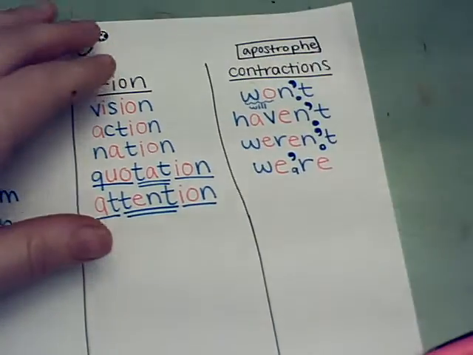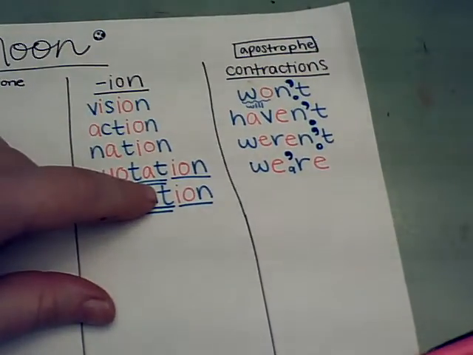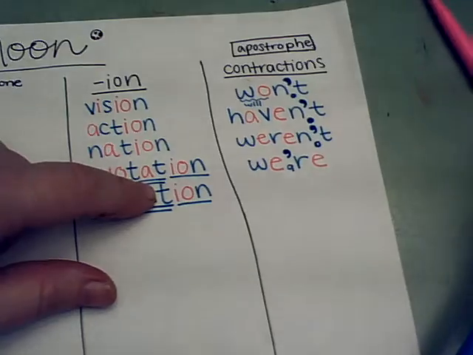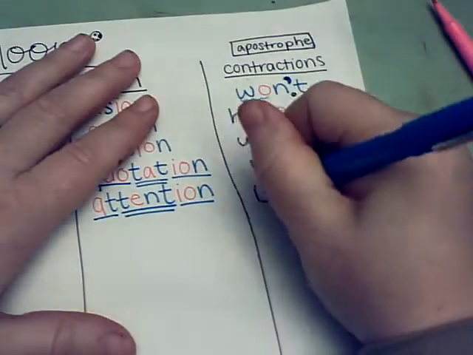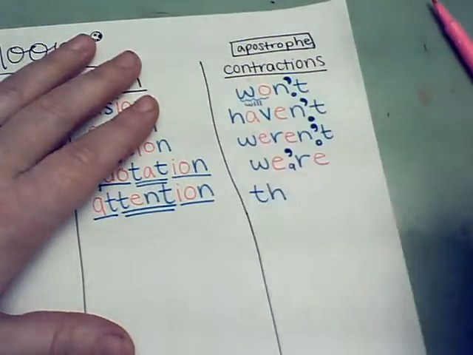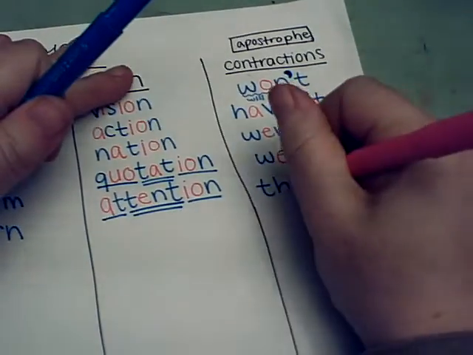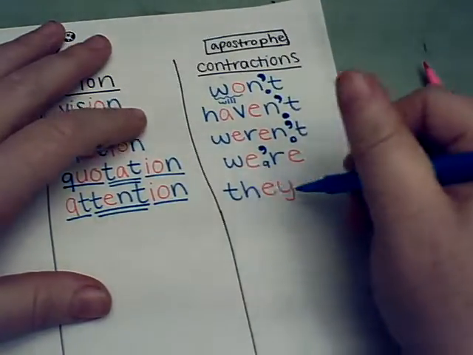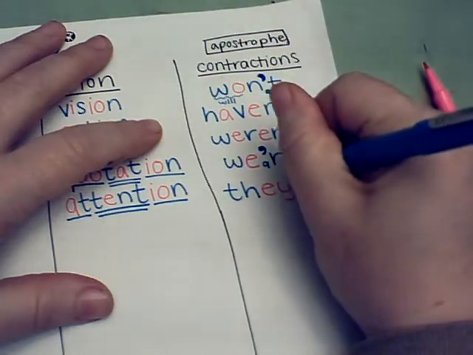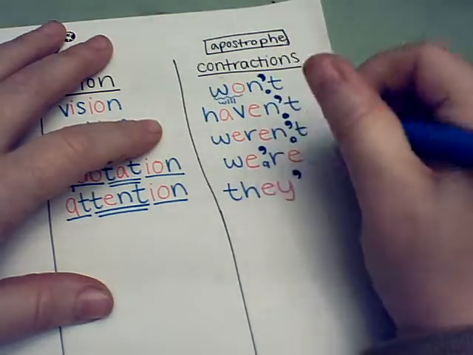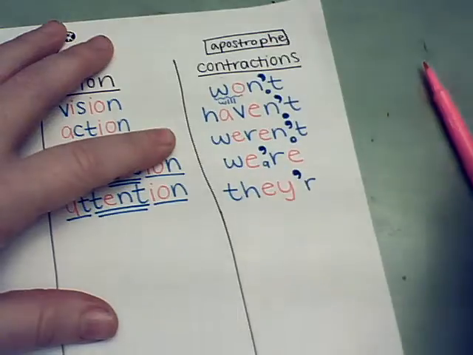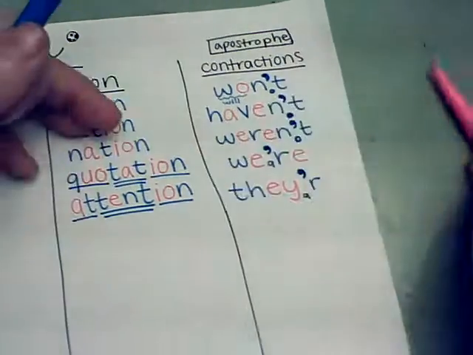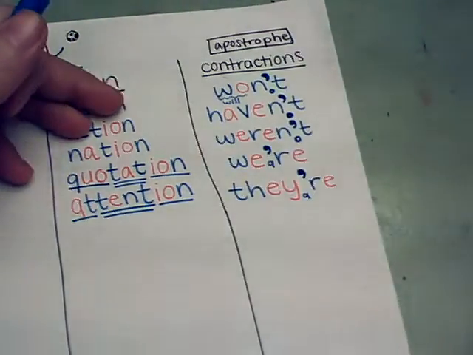So that's like an A, we are. And then the last one is they're, for they are. T-H-E-Y. And then they are. So we're going to have our apostrophe, R, E. There.